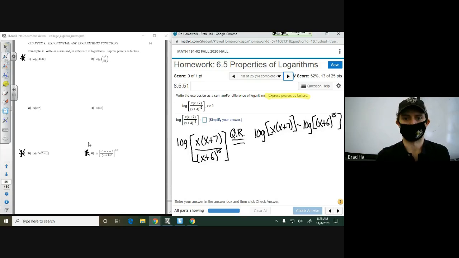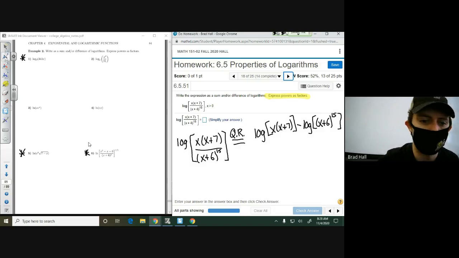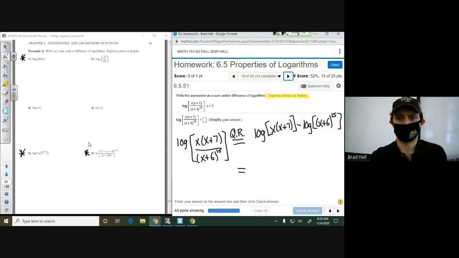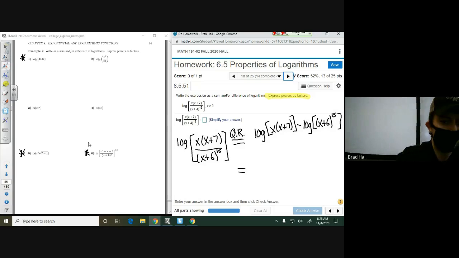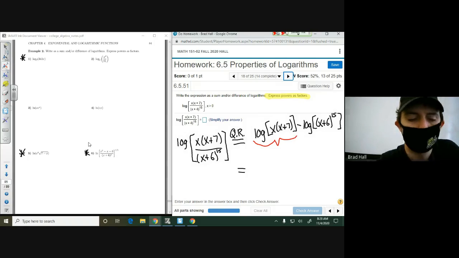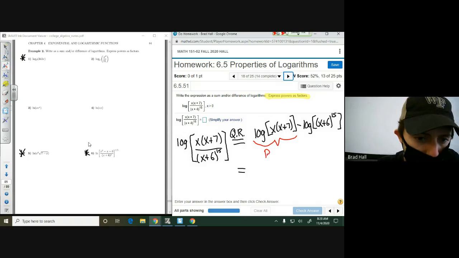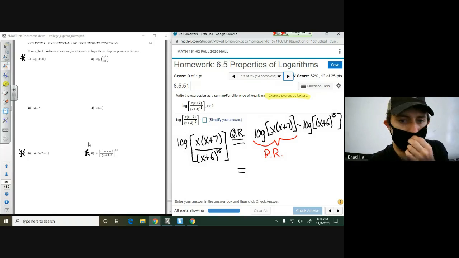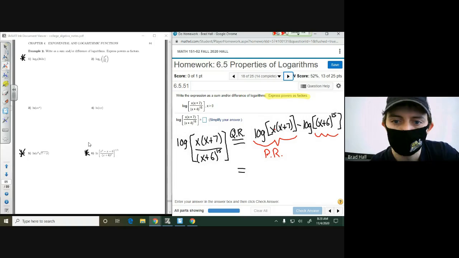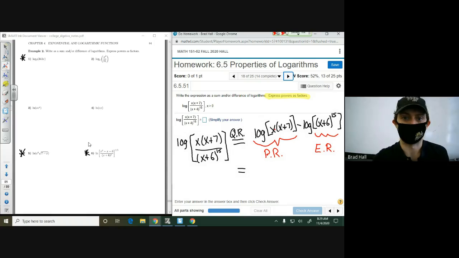Now, within the quotient rule, we have smaller individual logarithms that we need to evaluate. We'll start with the first logarithm. Are we evaluating a product, quotient, or an exponent? That looks like a product rule, because it's x times x plus 7. For the x plus 6 raised to the 15th, that looks like an exponential rule, because there, of course, is an exponent.